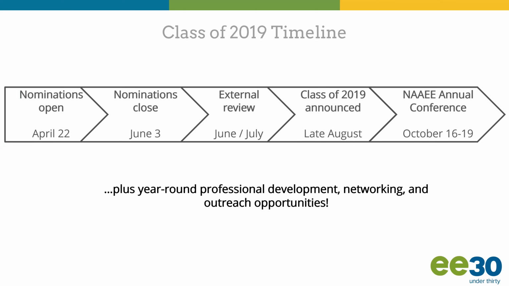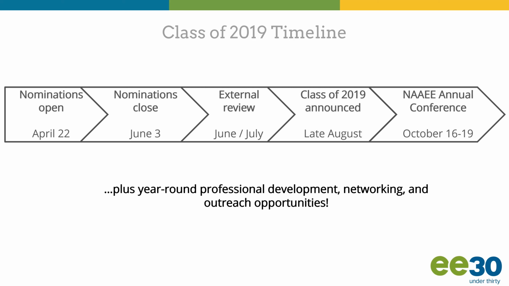And this is a really brief overview of the timeline for this year's cycle. The nominations opened on April 22nd, and you have until June 3rd to submit a nomination. Then throughout June and July, we'll go through our external review process.